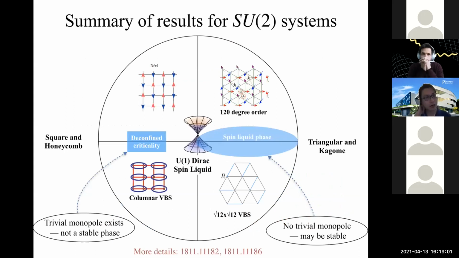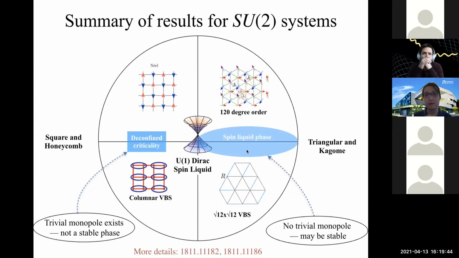That's basically how you figure out the monopole symmetry quantum numbers, and here's the result. You can generalize it and do a more careful calculation. The overall picture for the SU(2) system, specifically spin 1/2 per site, is that on triangular and Kagome lattices, the simplest Dirac spin liquid theory you can write down indeed does not have relevant monopole perturbations allowed by microscopic symmetry.